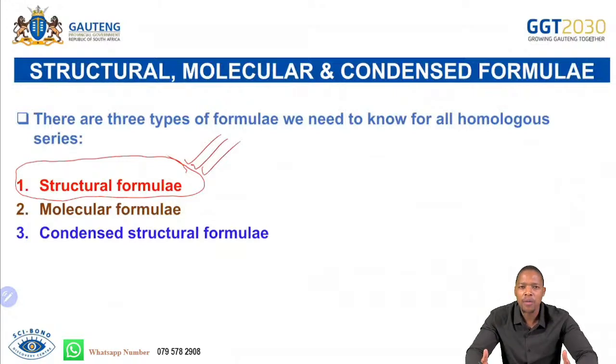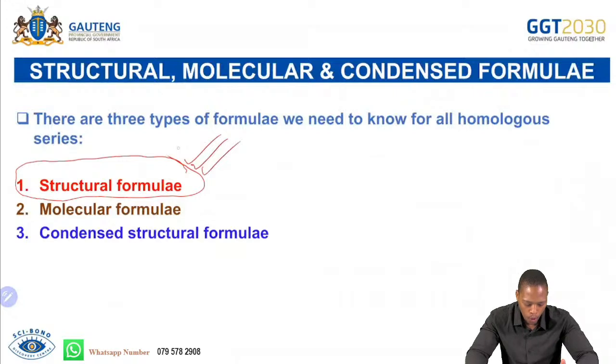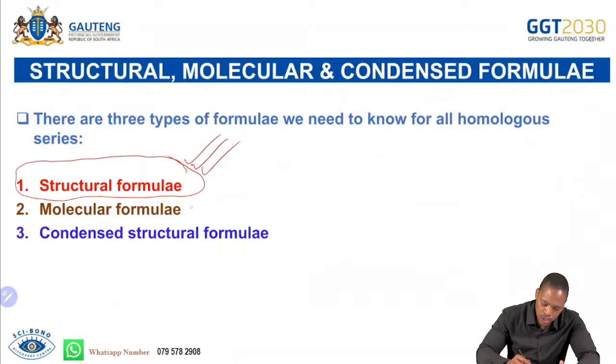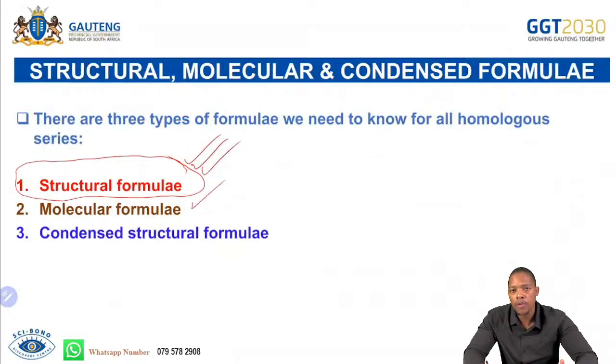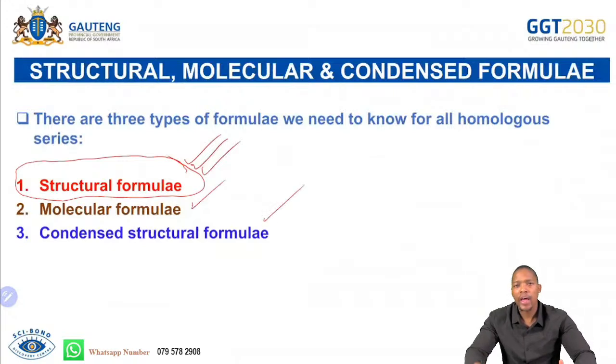Structures are the most important to understand organic chemistry. Then from structures, we do the molecular formula, and once we do the molecular formula, we do the condensed structural formula. So we're going to be doing that a lot in today's lesson. I'm going to take one example and show how we draw a structure.